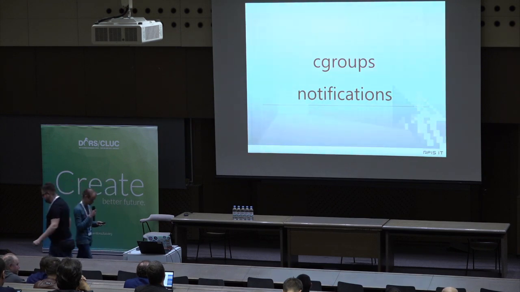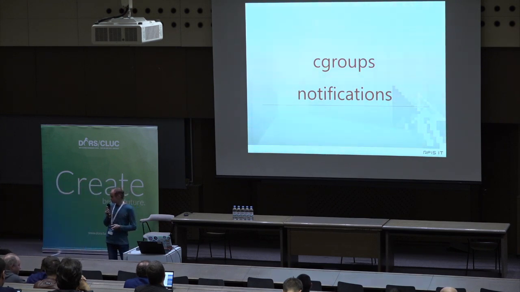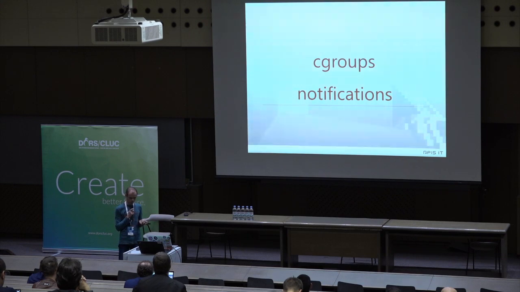Thank you, Tomislav. As Tomislav said, in the previous example we had systemd, which has knowledge of our system. But the one who has even more knowledge of our system is actually the kernel. And with cgroups, why does the kernel have all the knowledge?